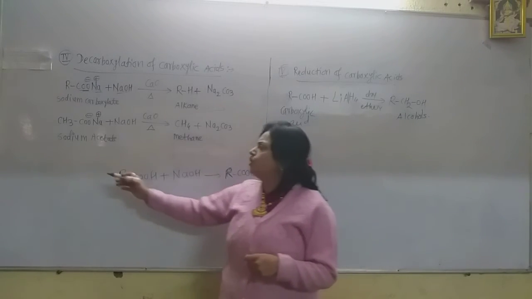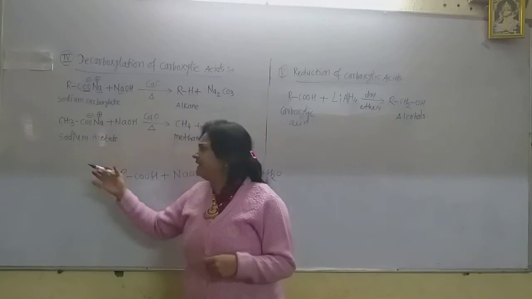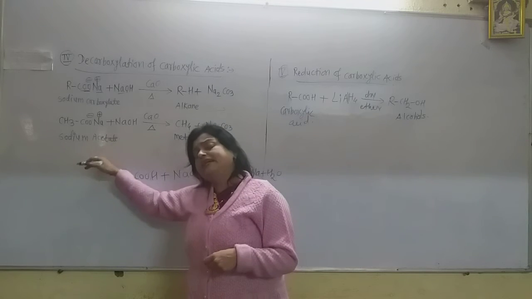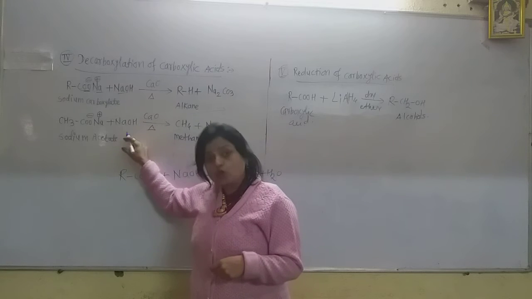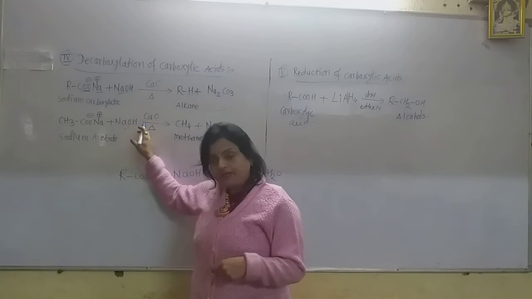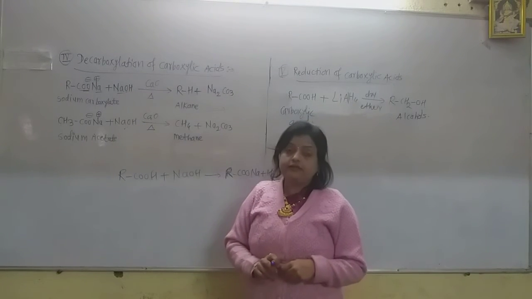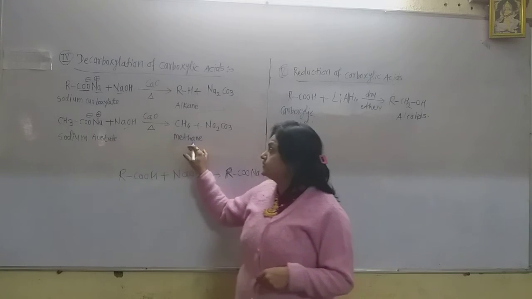Now take any sodium salt of carboxylic acid. I take here sodium acetate. You can take sodium propionate, sodium butyrate, and when it reacts in the presence of heat and soda lime, it forms the alkane.